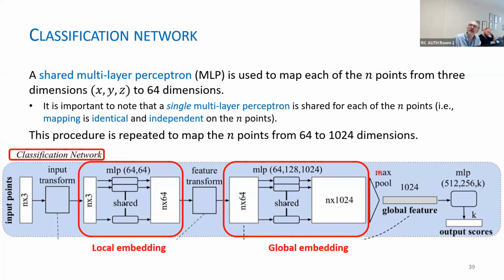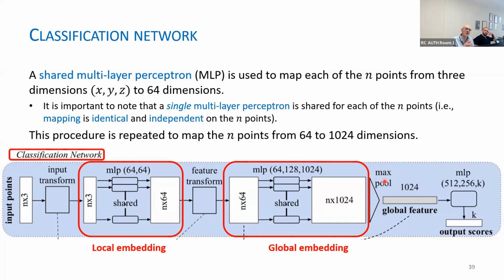And then the last operation here is the max pooling. This is the other operator that we introduced in the deep set model, the operator that works at the global level and should be invariant with respect to permutations of the points. The authors have tested their model with different global operators.